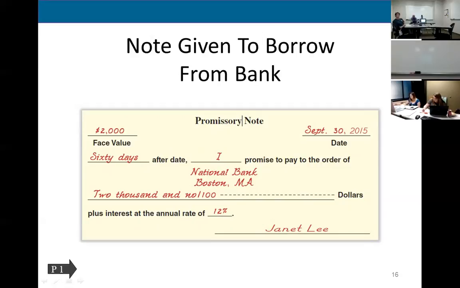The note's made on September 30th and is due in 60 days. So essentially, Janet's making the statement, I promise to pay $2,000 plus 12% interest within 60 days after September 30th.